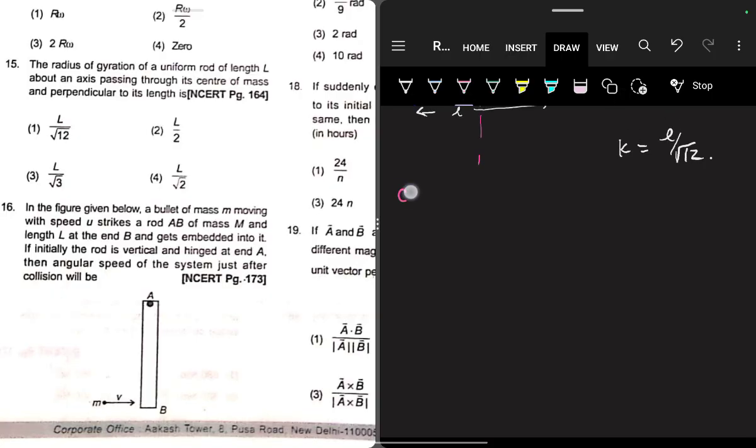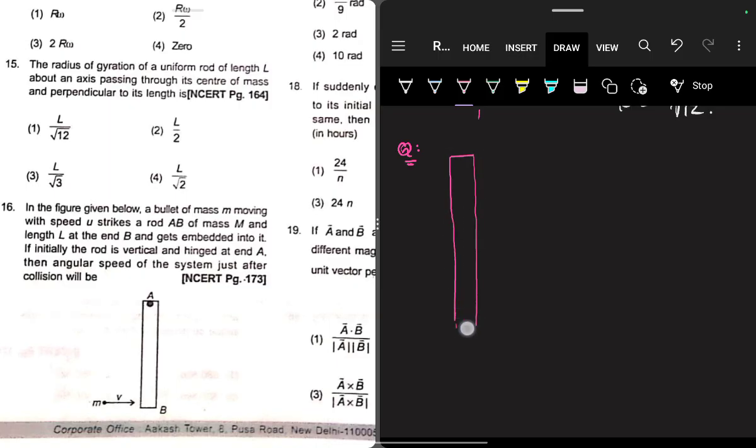Question number 16. In the given figure below, a bullet of mass m moving with speed u strikes a rod AB of mass capital M. Here the mass of this rod is capital M, and the bullet has mass small m, moving with velocity u.